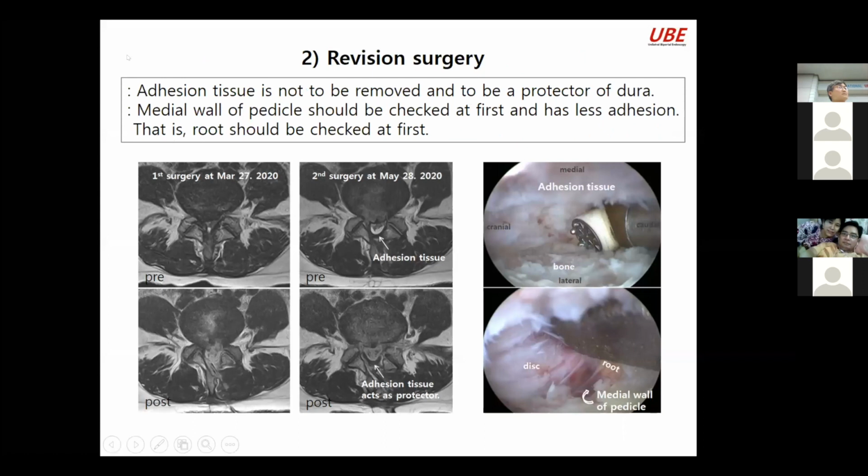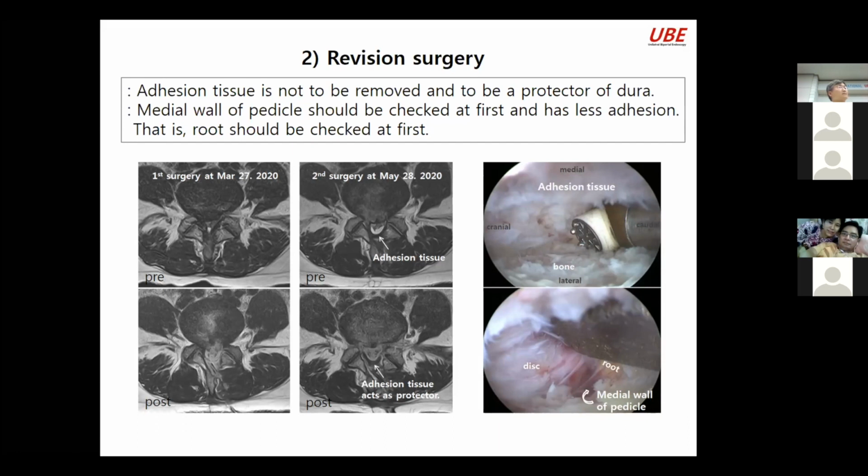This case is a revision case. In revision cases, there are two problems. First, adhesion. Second, where is the root? Commonly in microsurgery, we do adhesiolysis to check the compressed dura, but I always think that adhesion tissue is my friend.